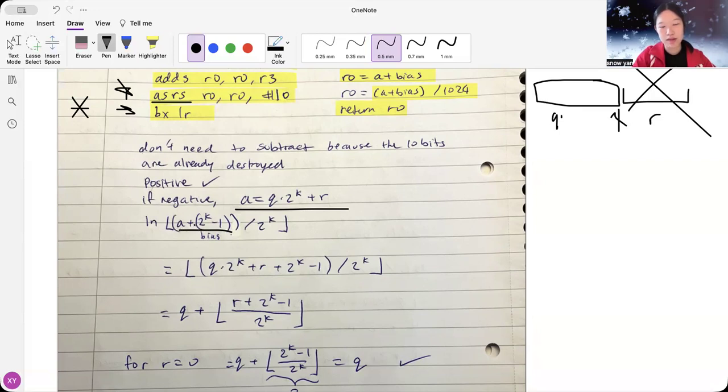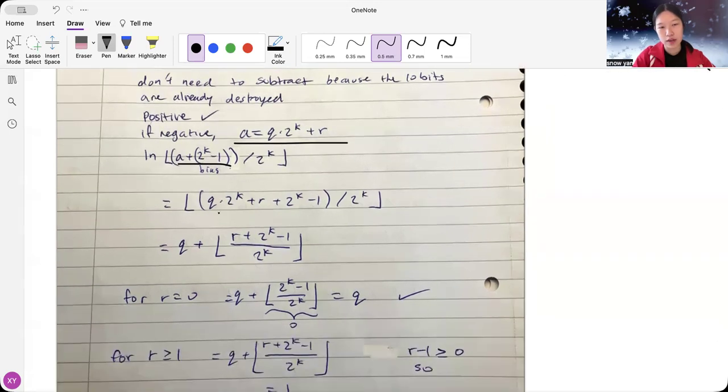We're going to do A plus the bias divided by 2 to the K, and then take the floor of that. Then we expand out what A is: Q times 2 to the K plus R, and then we have the bias part divided by 2 to the K.